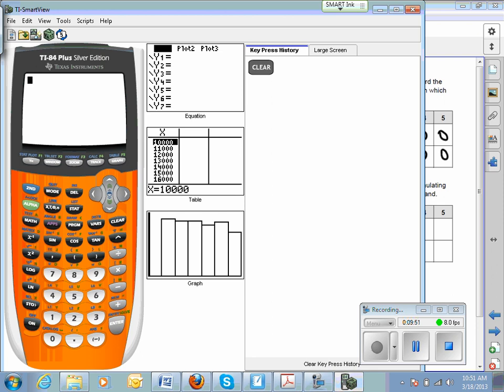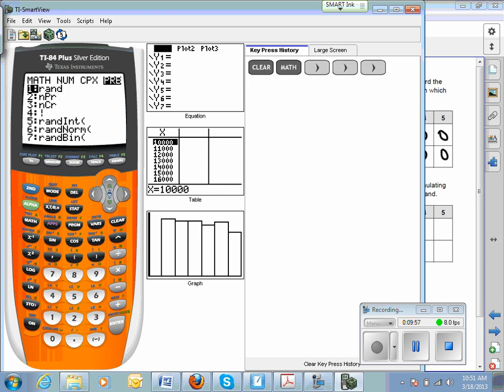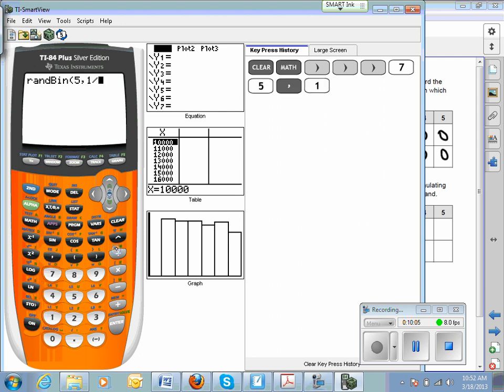Alright, so random binary, 5, 1/6, then 10. I think it's under probability. Yeah, so option 7, 5, comma, 1/6, comma, 10.